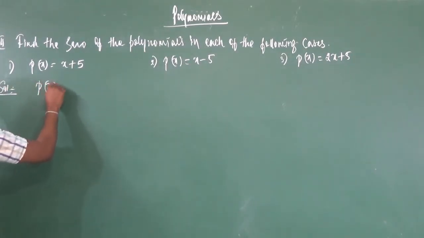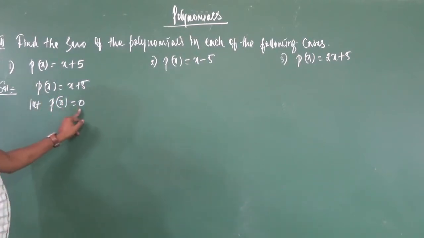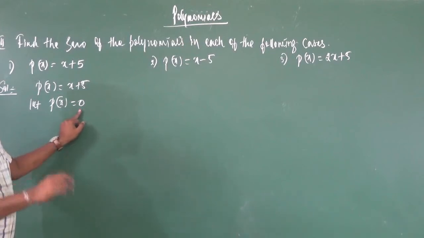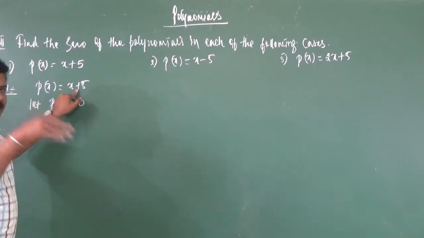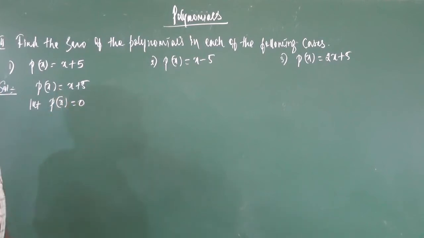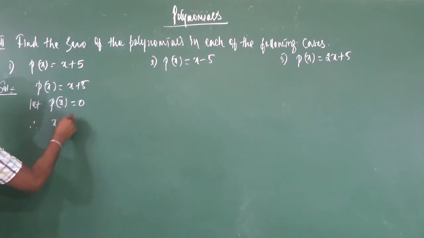P of x is equal to x plus 5. Let P of x is equal to 0. Why let P of x is equal to 0? Because if you want to find the 0 of this polynomial, we have to equate P of x is equal to 0. So if P of x is 0, this entire thing becomes 0 here. So therefore, x plus 5 will be equal to 0.